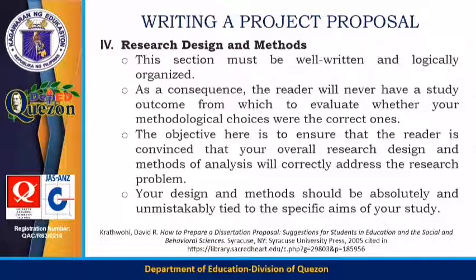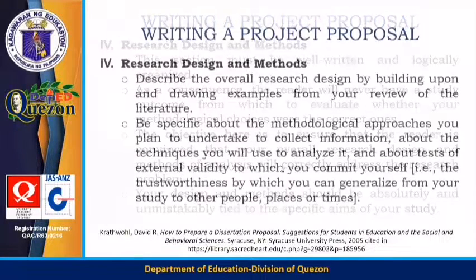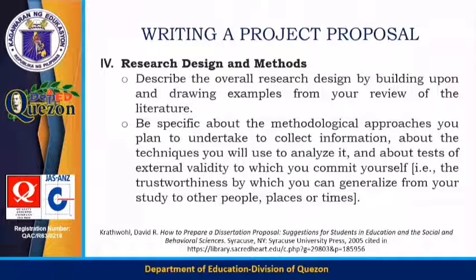So your design and method should be absolutely and unmistakably tied to the specific aims of your study. Describe the overall research design by building upon and drawing examples from your review of the literature.